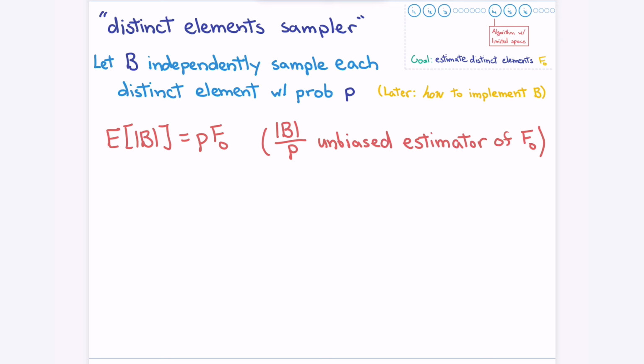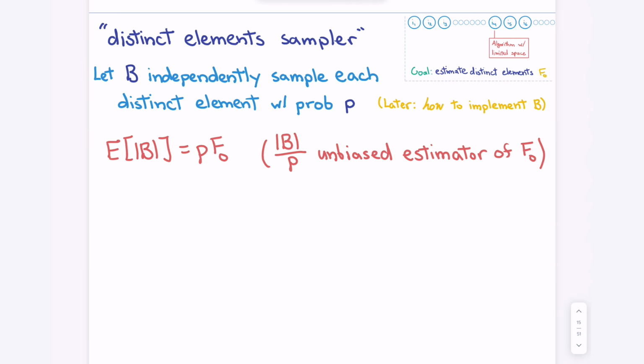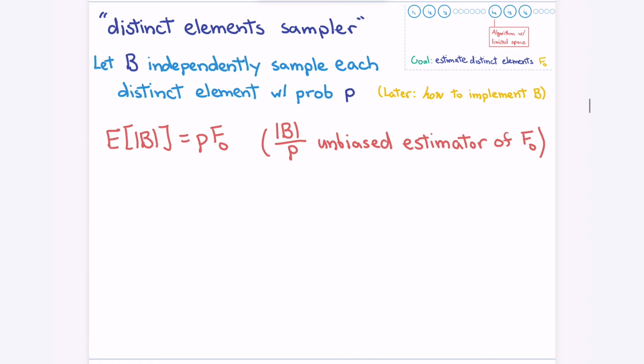Now the question is, what should p be? Suppose you sort of knew F0. Of course, you don't because you're trying to get it, but pretend, and try to figure out the ideal p relative to F0. What would we want p to be? Or another question is, what are the trade-offs of making p big or p small?